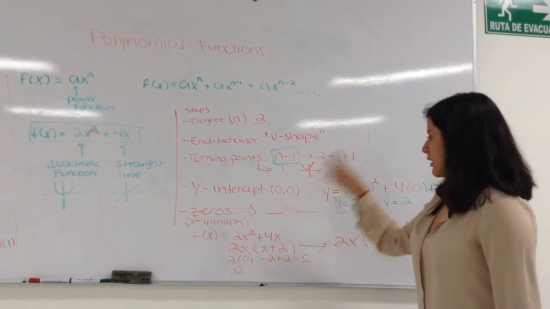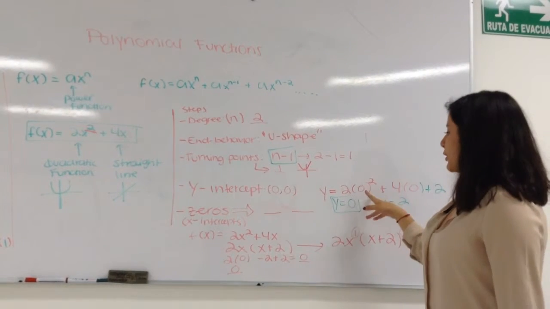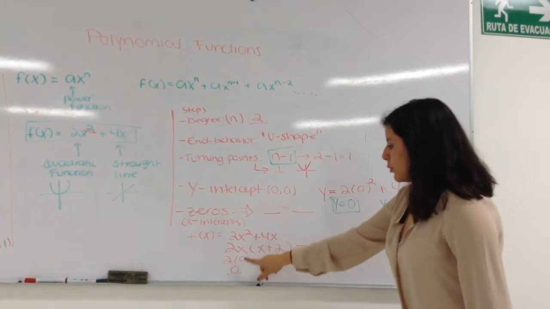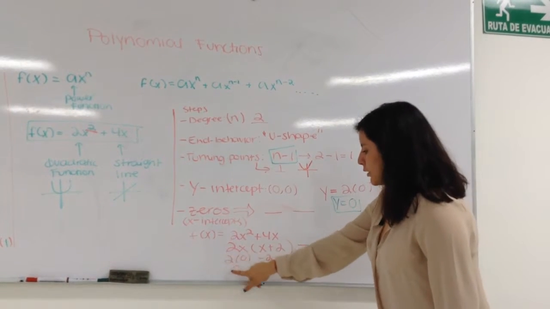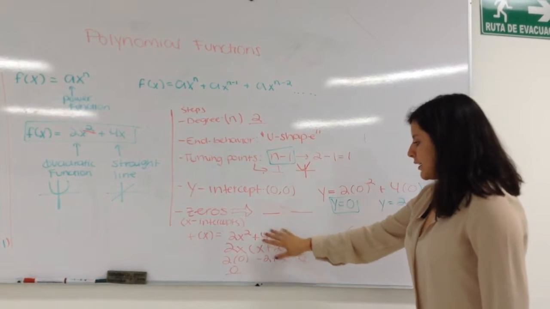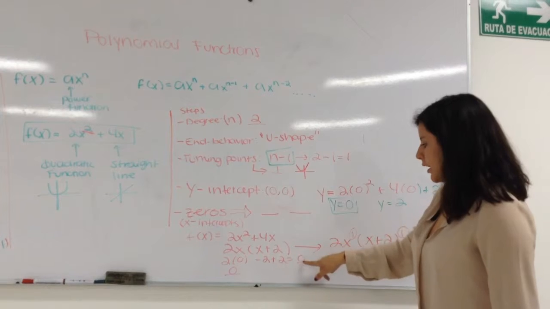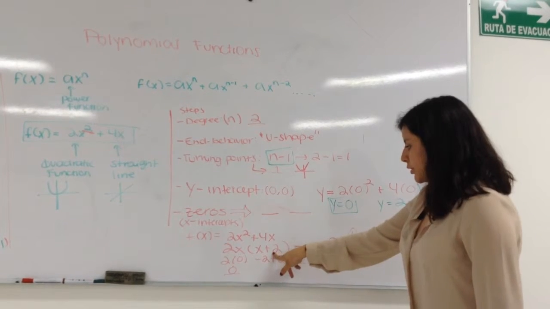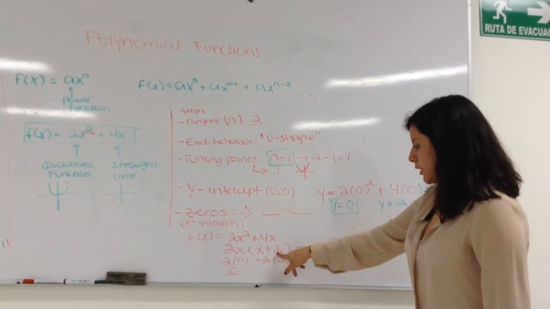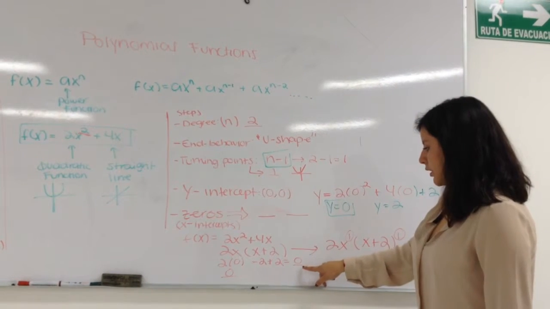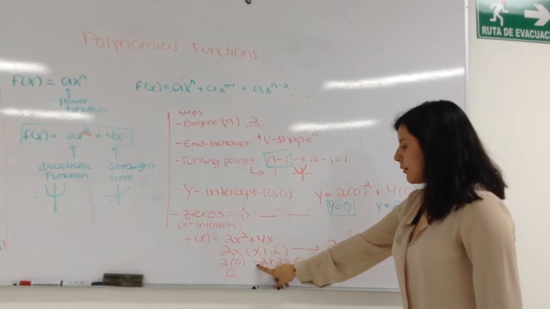We substitute as we did with the y-intercept, we put 0. So 2 times 0 gives us 0. And then inside the parentheses, we have to find out how to make this equal 0. We have a positive 2, so we put minus 2.